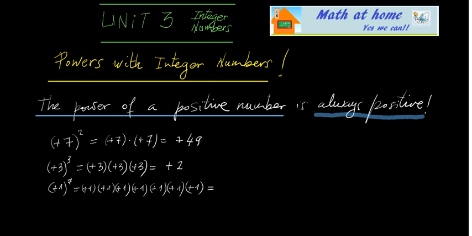And what happens with the number 1? You have to multiply the signs first. So positive 1 times positive 1 times positive 1 times positive 1. Finally, this result is positive 1, because 1 times 1 times 1 times 1 equals 1.